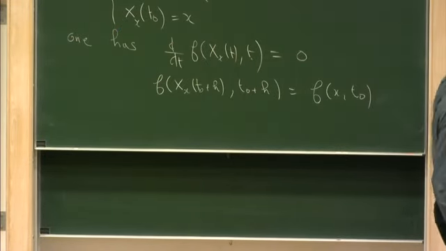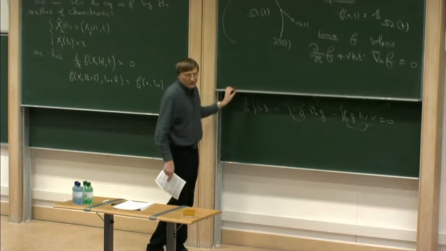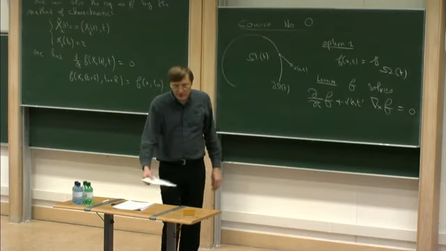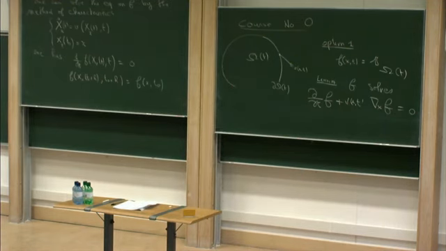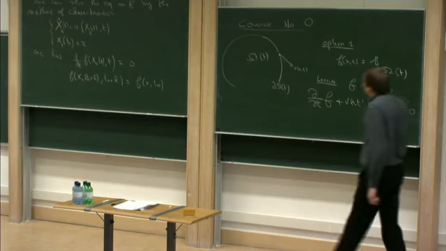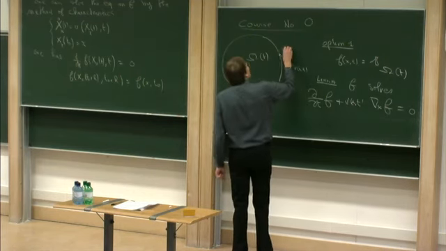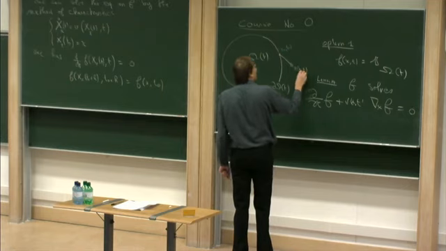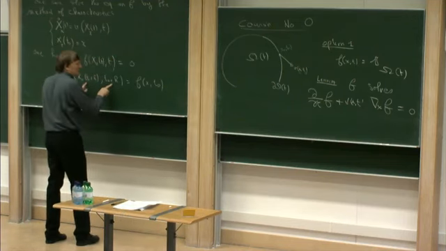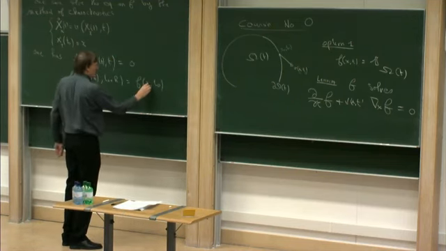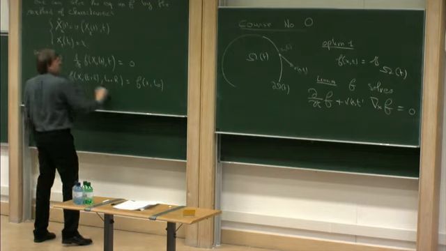And if you go back to this drawing, what you see is that if you take a point x0, t0 here, so now you have the velocity, this should be an x0, let's say.